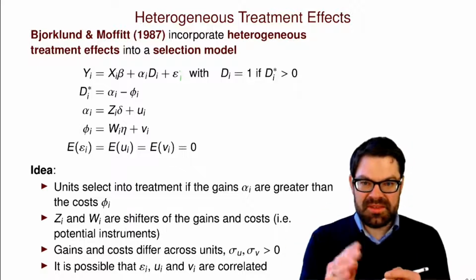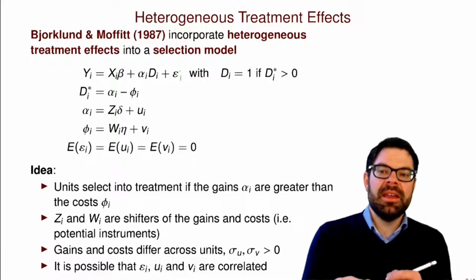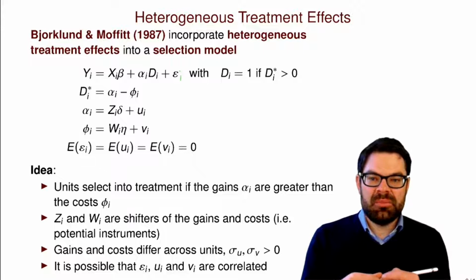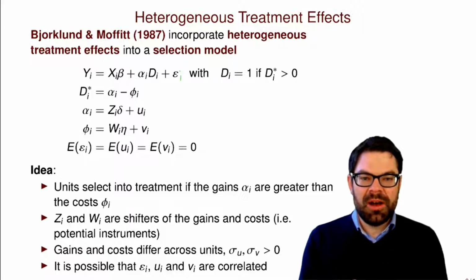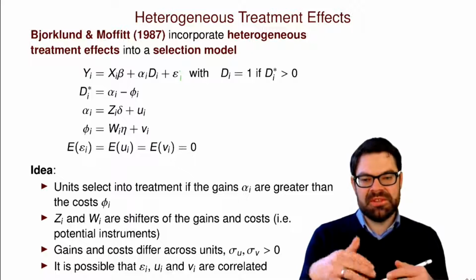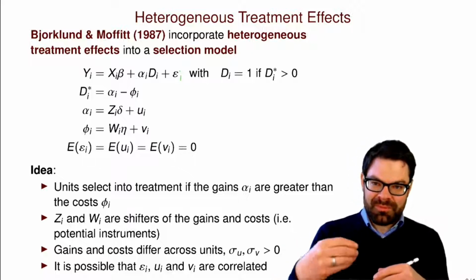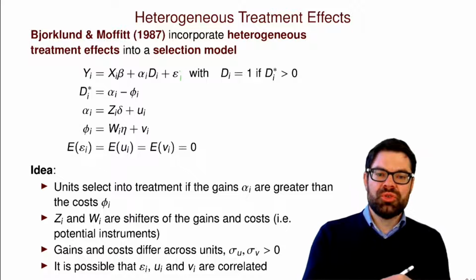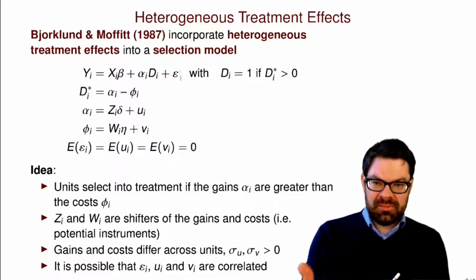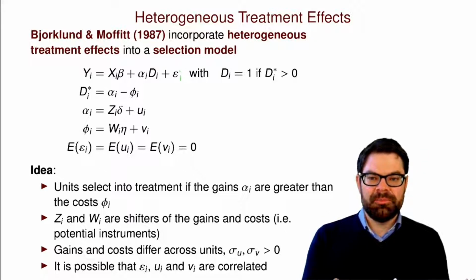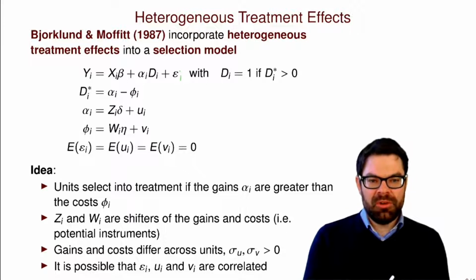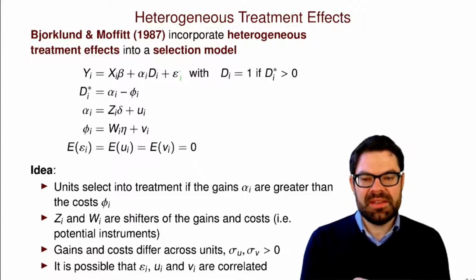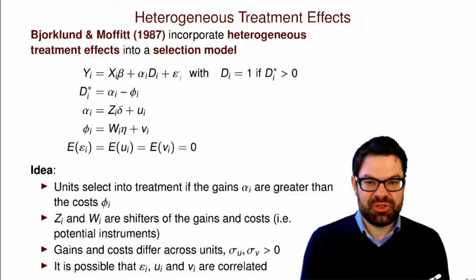And an important step along this way is a model from the 80s by Bjerklund and Moffitt, which is a very straightforward extension to the Heckman two-step selection model. What they do is, very simply, incorporate heterogeneous treatment effects into an otherwise standard selection model.